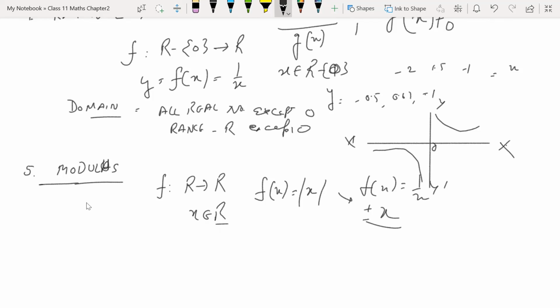Or simply we can state it as f(x) is equal to x if x is greater than or equal to 0, and minus x if x is less than 0.